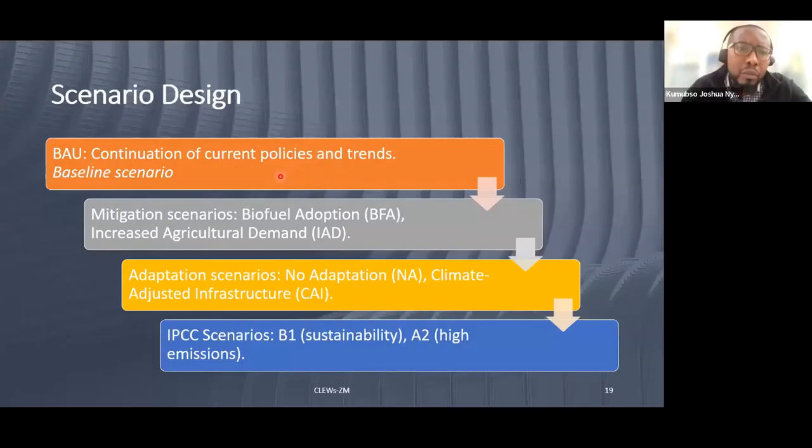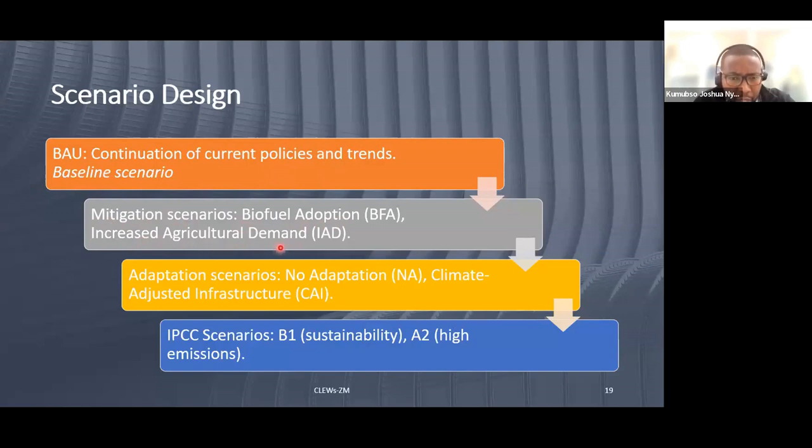Scenario design. So I think we're at the BAU, which is pretty much looking at the continuation of current policies and trends. This is what I was calling the baseline scenario. Then at mitigation scenarios, one of them is the biofuel adoption. The other one is the increased agriculture demand.